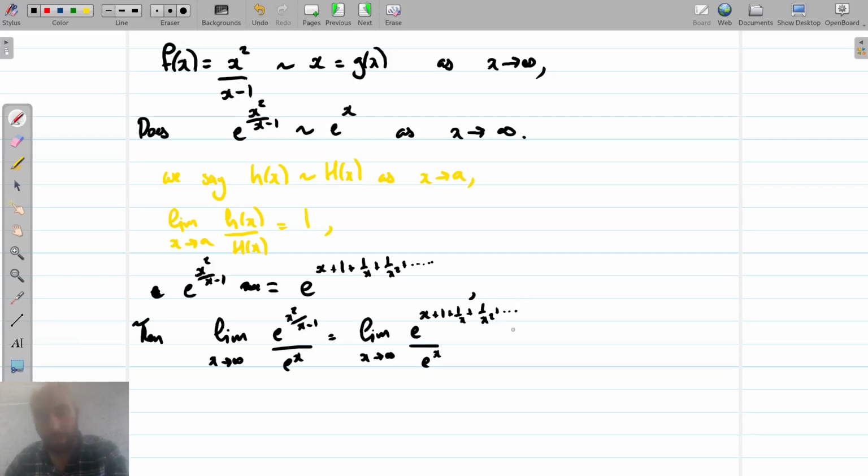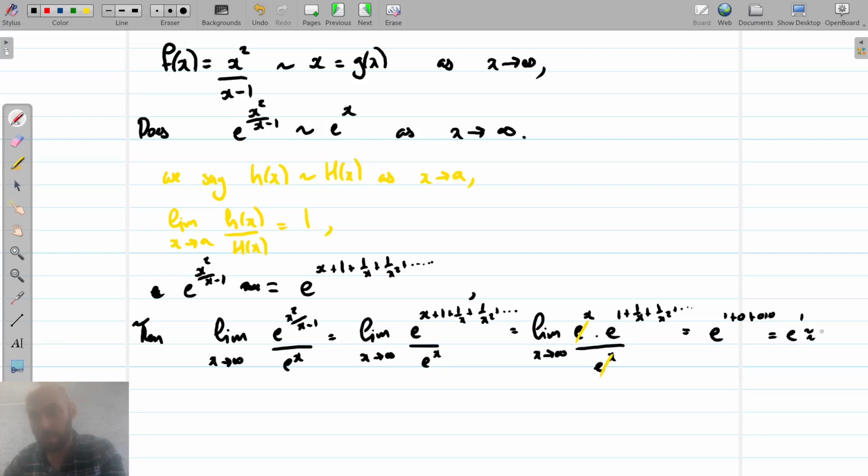Now these first parts are going to cancel. You can write this as e to the x times e to the 1 plus 1 over x, all over e to the x. Now these two parts just cancel, and when we take this limit, we end up getting e to the 1 plus 0 plus 0 plus 0, which is e to the 1, which is about 2.7.